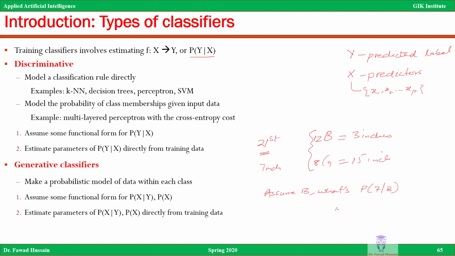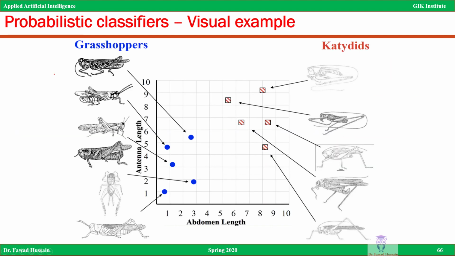Then we do the same thing: what's the probability that the length of the hair will be 7 inches given that it's a girl? And then we find the maximum probability. Which gender maximizes the probability of having 7-inch long hair? This is the difference between a generative classifier and a discriminative classifier.